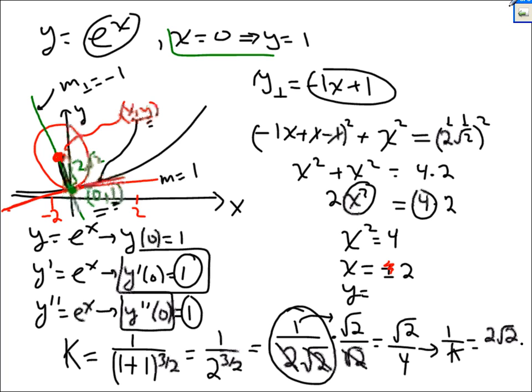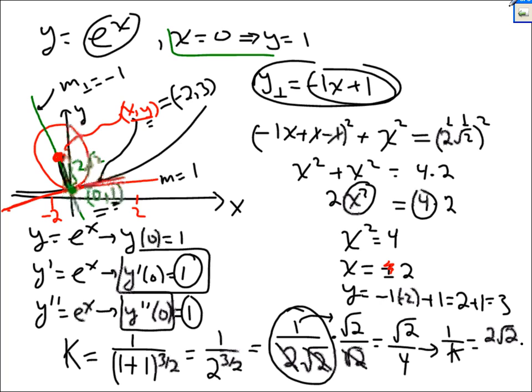But we can find the y value using the rule. It's negative 1 times negative 2, which is positive 2, plus 1. 2 plus 1 is 3. Now I know that point. It's (-2, 3).